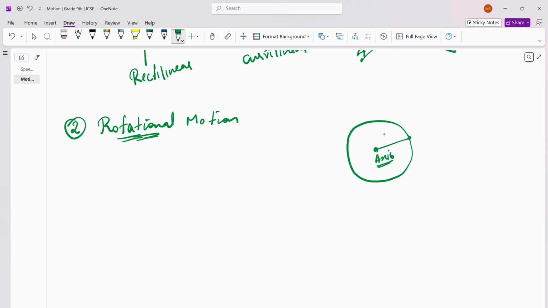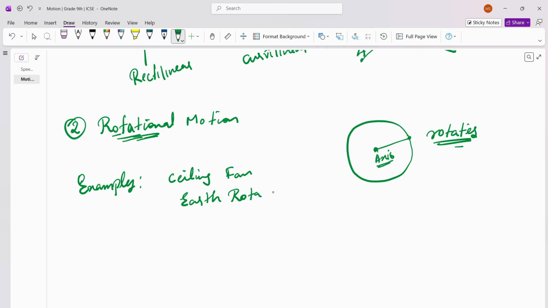So it basically rotates. Okay, so we have examples. Examples are your ceiling fan or the earth rotating, right? You might have studied in your smaller classes that earth rotates around an axis.